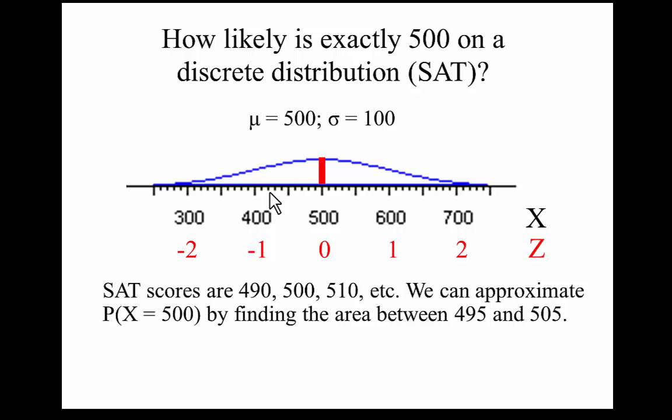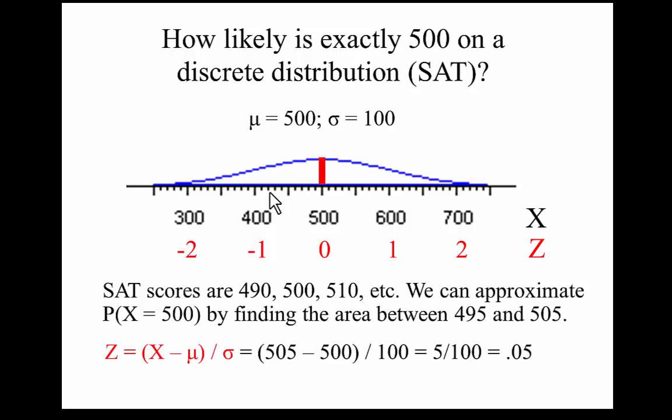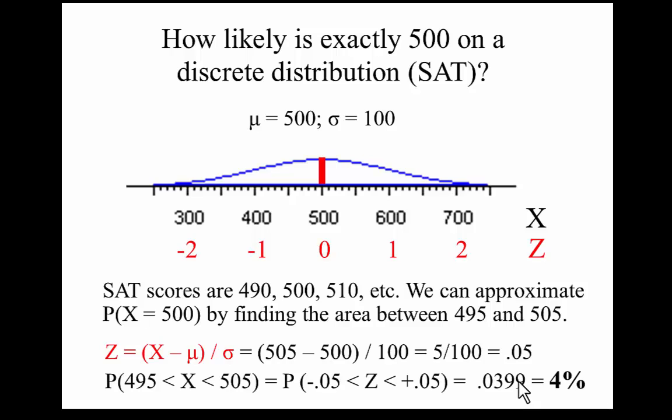Now, what would be the z-scores associated with that? Well, we can use our little formula and find how many standard deviations 505 is above 500. Well, 505 minus 500 is 5. 5 divided by 100 is 0.05. So we're looking for a z-score of 0.05.